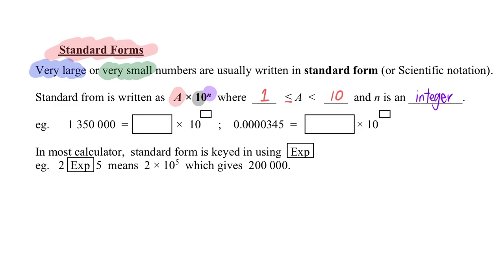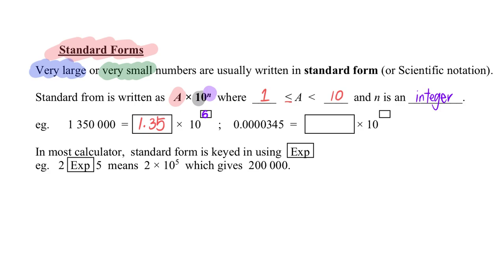With that in mind, I'm going to relate this to an example here, where I have 1,350,000. I am going to rewrite it as 1.35 times 10 to the power of 6, and that will give me 1,350,000.